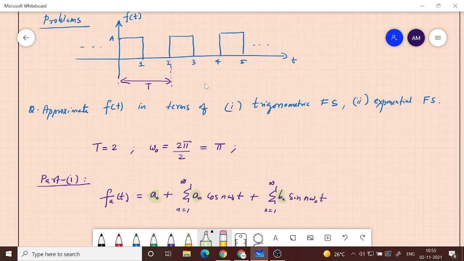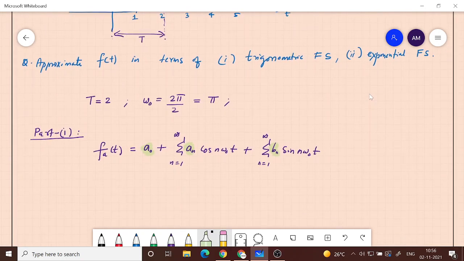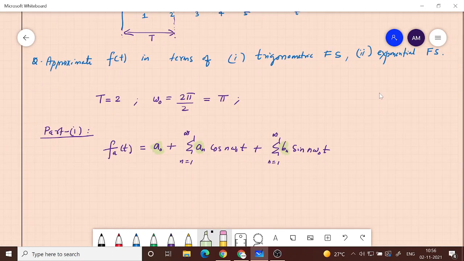That is what our theory says. So whatever coefficient values you give, when you add them up, you will get almost the function that looks like this. Okay, so let us find it out.